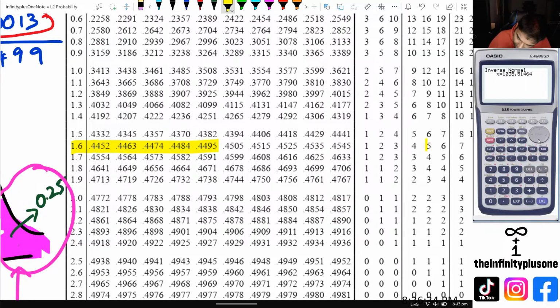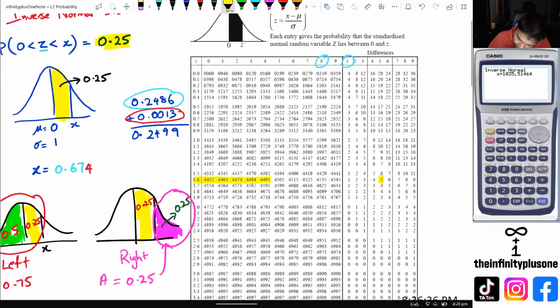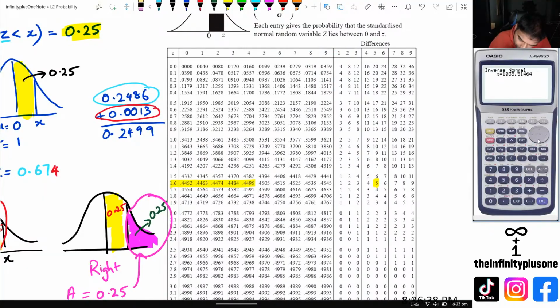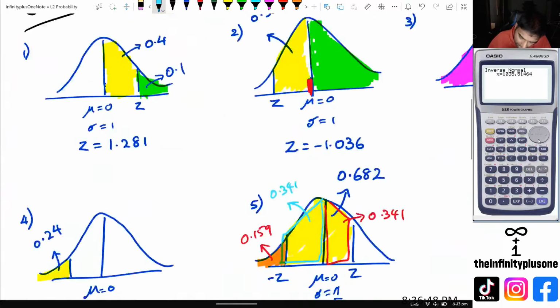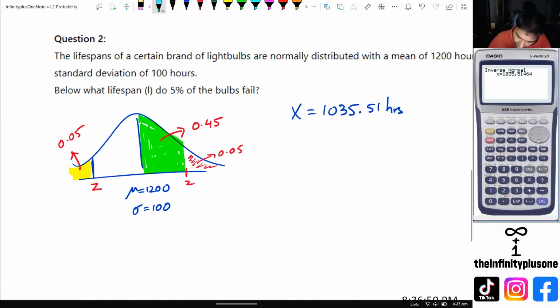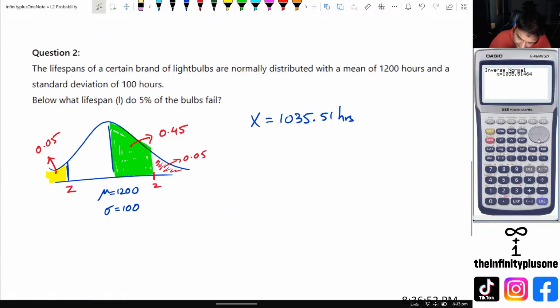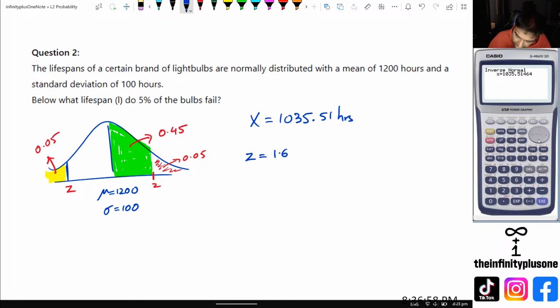4495, and then I've got 5 there. So basically we're looking at 1.645. So with that in mind, I can say that Z is equal to 1.645.